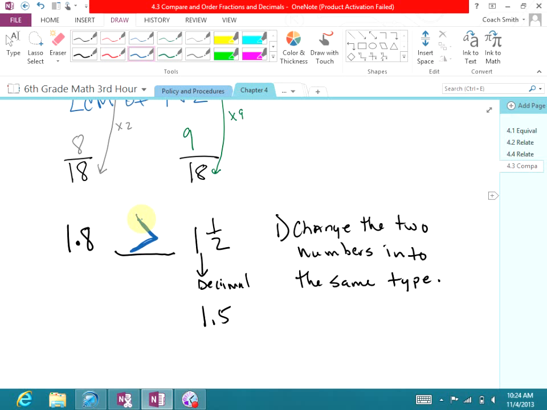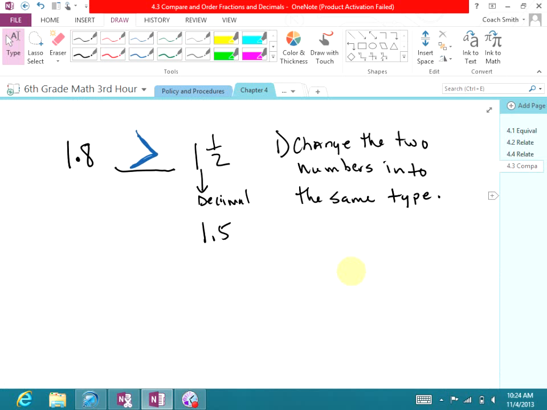Okay? If you don't know that, then you're probably going to have to do this. You would have to either do one of two things. You would have to take the 1.5 and change this to 10 and this to 5. So you can get it in a power of 10. Then you see that 5/10, well, 1/10 is equal to 0.1, so 5/10 has to be equal to 0.5.